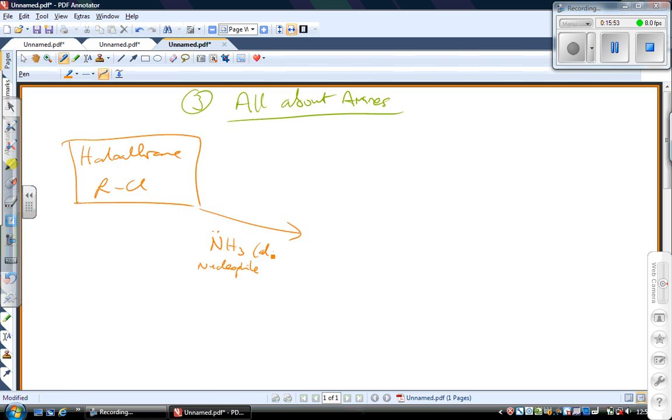The solvent, though, which is dissolved, is alcoholic, and I'll explain why in a second. So something like ethanol. So ethanol is your solvent. And then from this reaction, you're substituting your chloride with your ammonia nucleophile, and you get an amine, which is an NH2 group stuck onto the rest of the molecule.